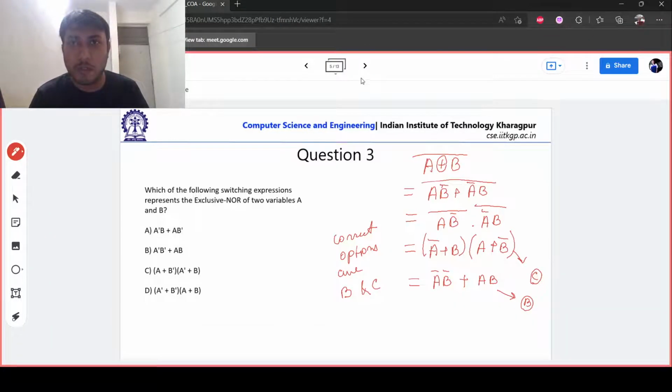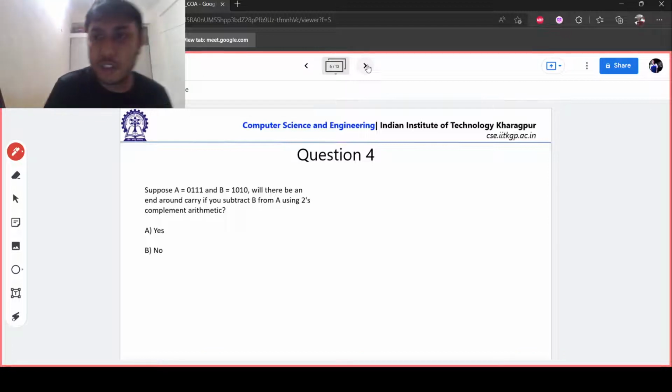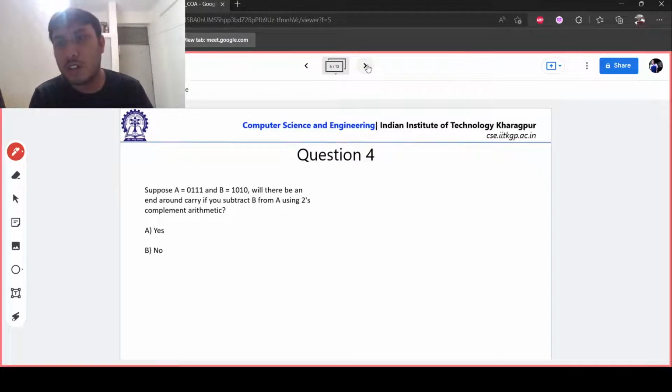So let's move to the next question. Question number 4. Suppose A equals 0111 and B equals 1010. Will there be any end around carry if we subtract B from A using 2's complement arithmetic? So we need to find if this procedure using 2's complement generates any carry or not.